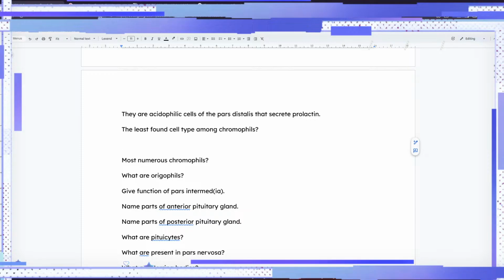Now Dr. Farooq has written thyrotropes, but what is his source? No idea. Dr. Farooq says it's thyrotropes, which is well, I need to look this up.